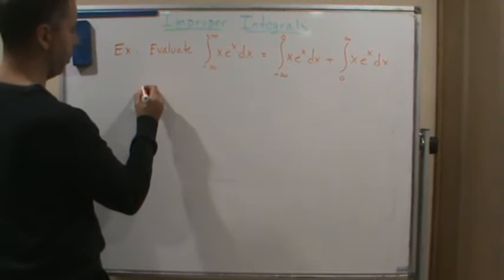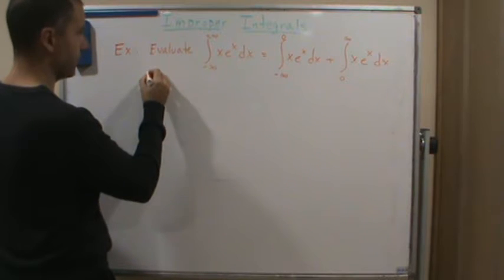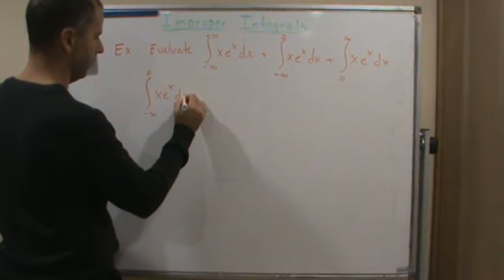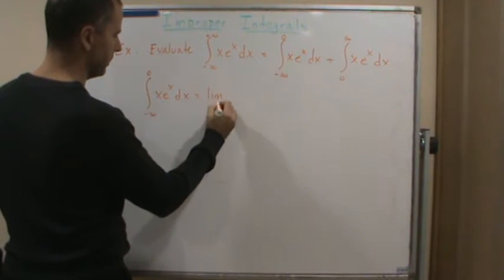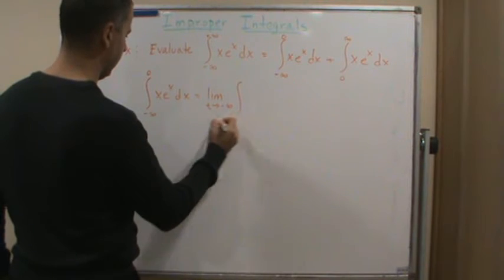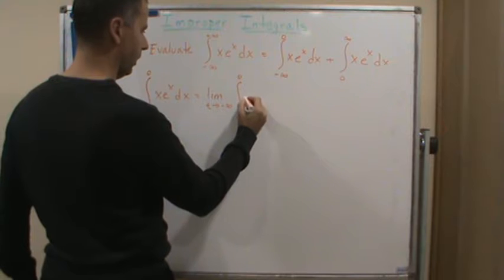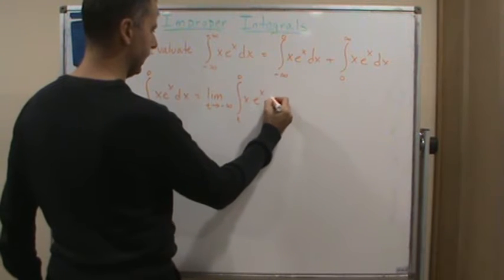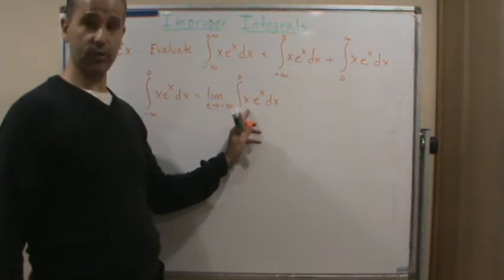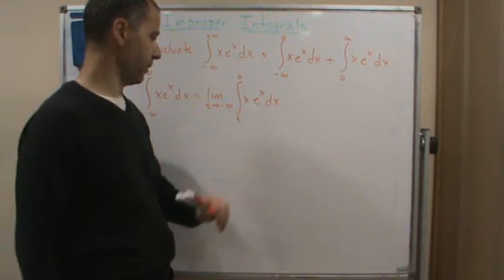Okay, so again, I'm going to rewrite this using limits, just like I did before. So this equals the limit as t approaches negative infinity of the integral from t to 0 of x e to the x dx. Now remember, we're going to have to integrate this using integration by parts. So don't forget integration by parts.